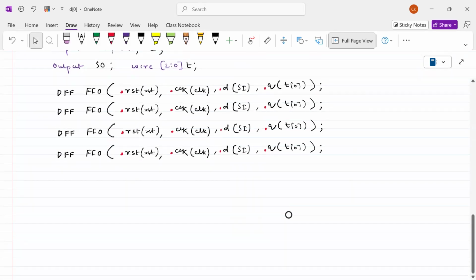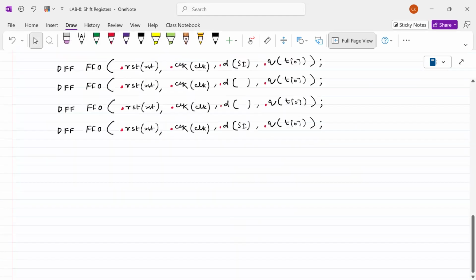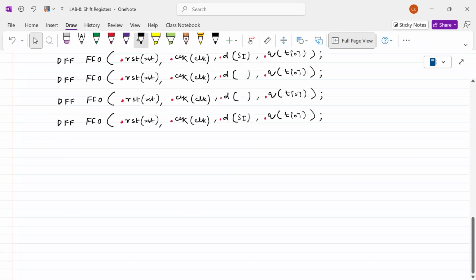So the only change here is that it's not the same one. Of course, these are not square brackets, please remember that. It is an open and close parenthesis, not square brackets. Next, what is the D of this one? T of 0, right?